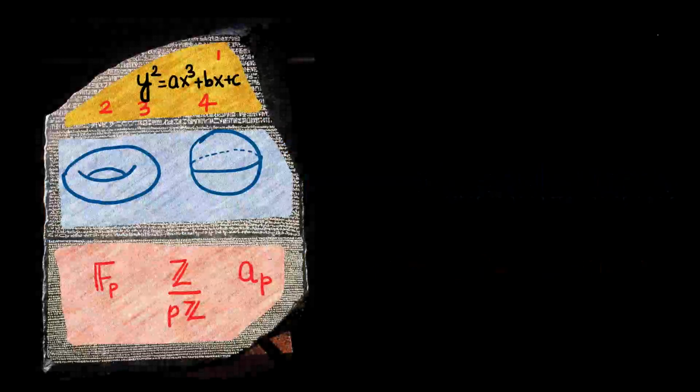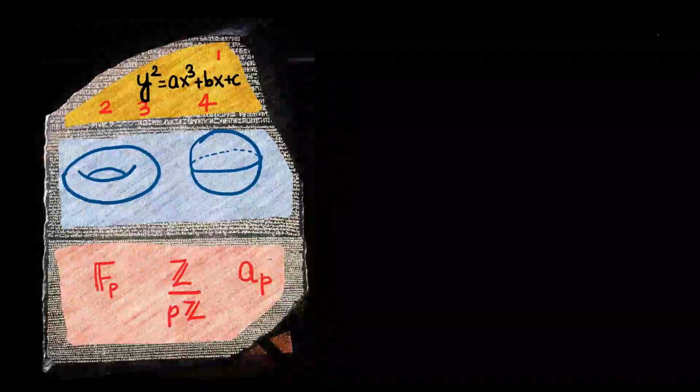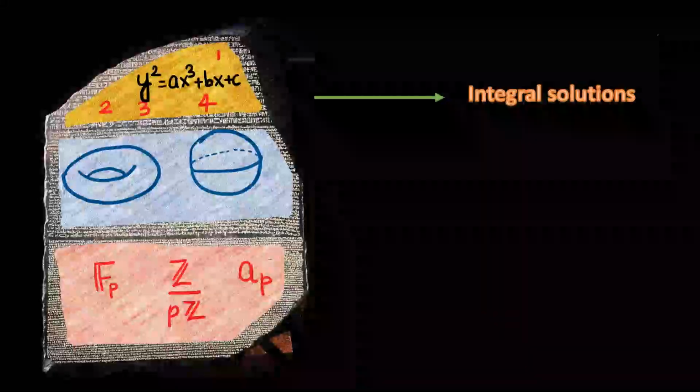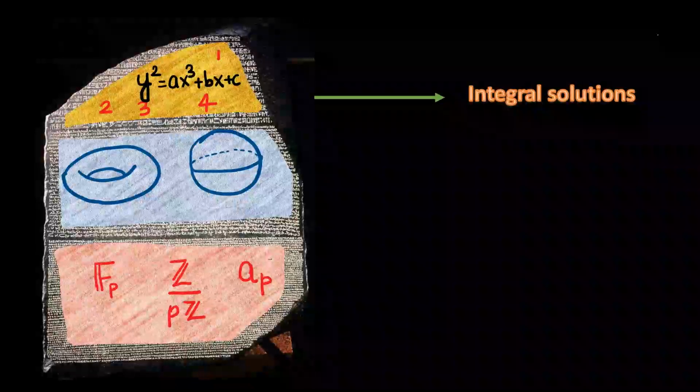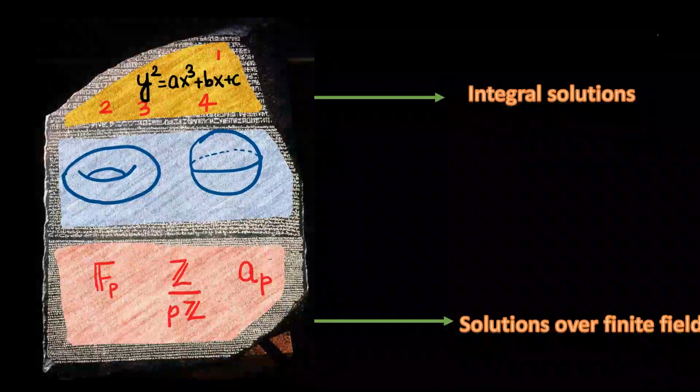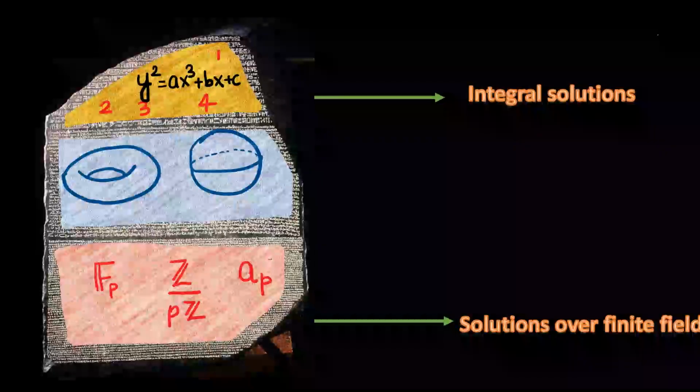Now let's quickly talk about the Rosetta stone that we mentioned in the beginning of this video. We have seen that we are interested in elliptic curves and their integral solutions. So the top occupies one part of our trilingual stone. The third is being occupied by solutions over finite fields. What is this second row for though?